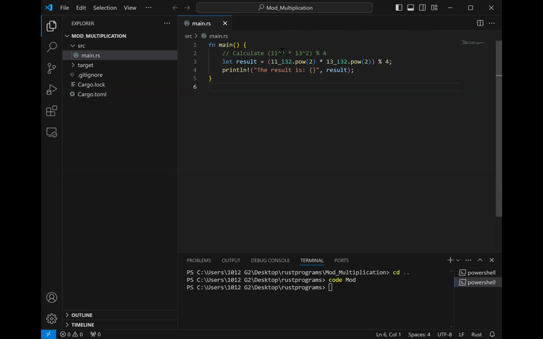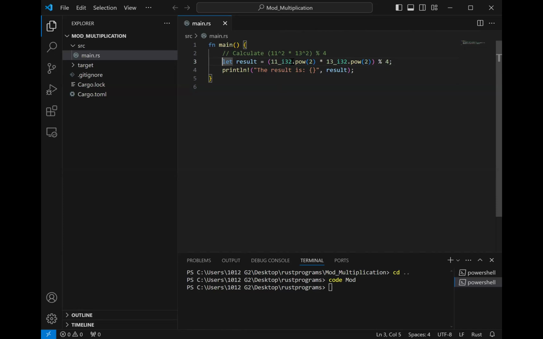So I want 11 raised to 2 times 13 raised to 2 mod 4. So I just begin from here. Let result be 14.